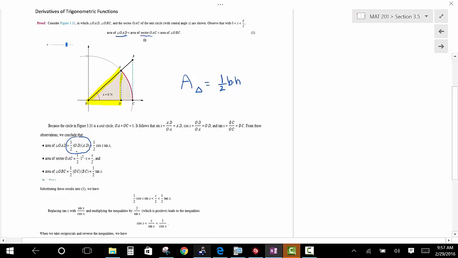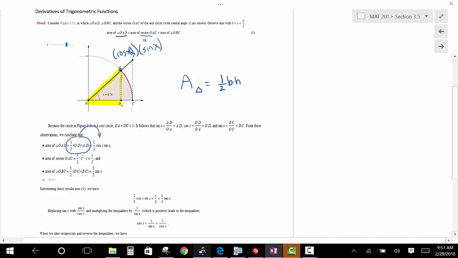Now OD. Why in the world did they say OD is just equal to the cosine of x? This is a unit circle, by the way. Isn't the x value of a unit circle the cosine? So what you have is this point A right here really is cosine x, sine x, because we're in a unit circle.